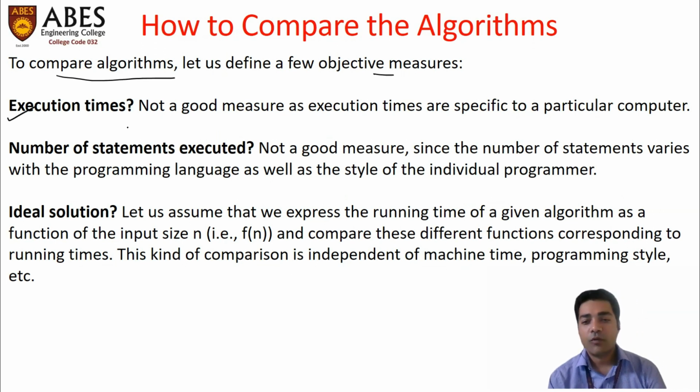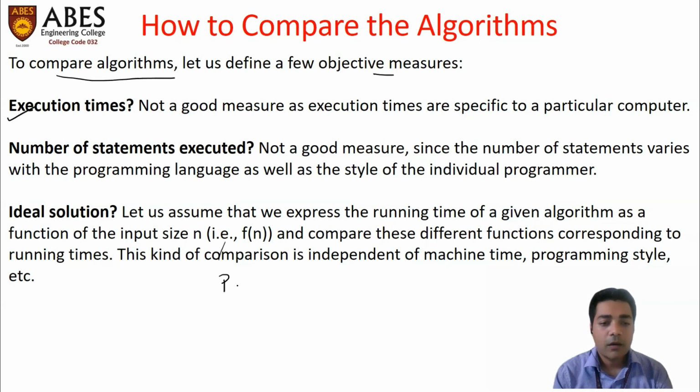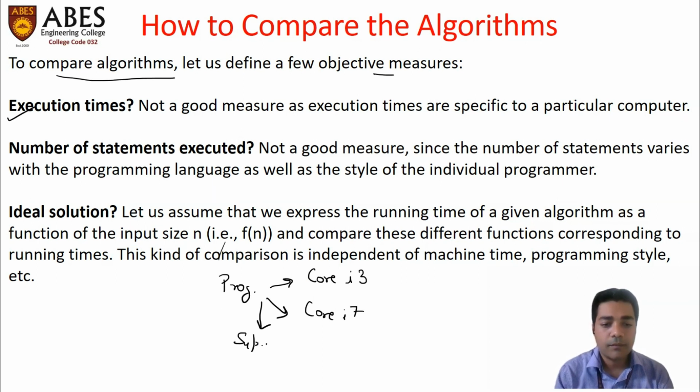For example, suppose I am running a program on, let us say, a Core i3 machine, and the same program I'm running on a Core i7, and the same program I'm running on a supercomputer.